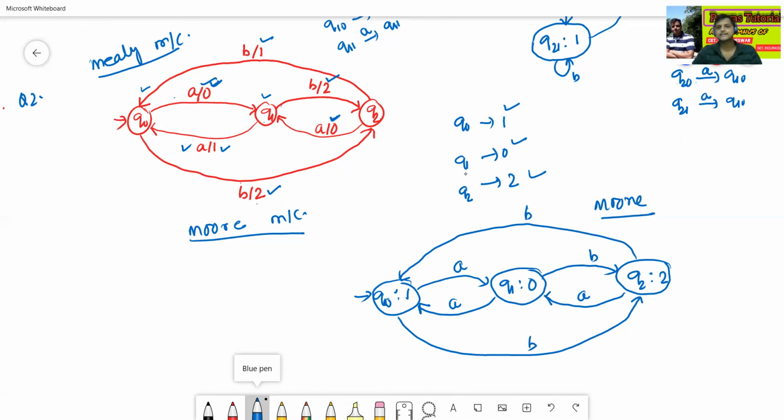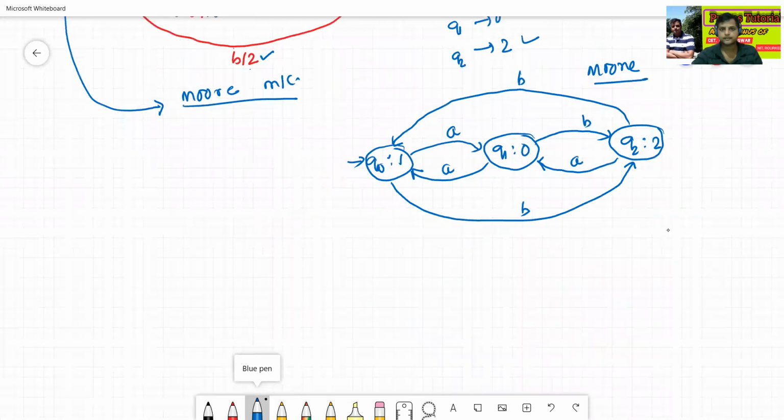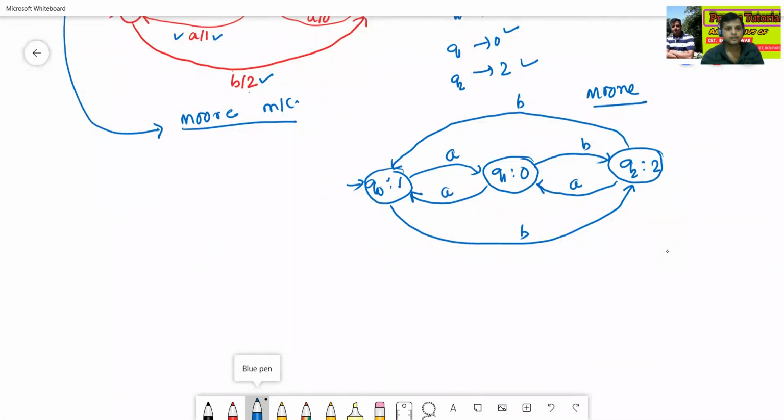One important thing is that while converting from Mealy machine to Moore machine, how many maximum number of states will be required? See here, one note point.